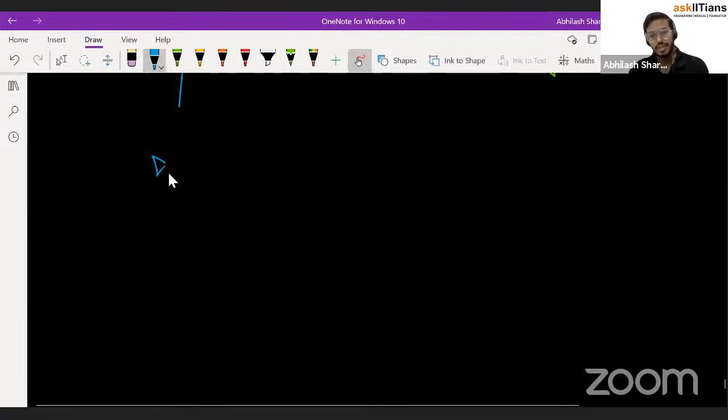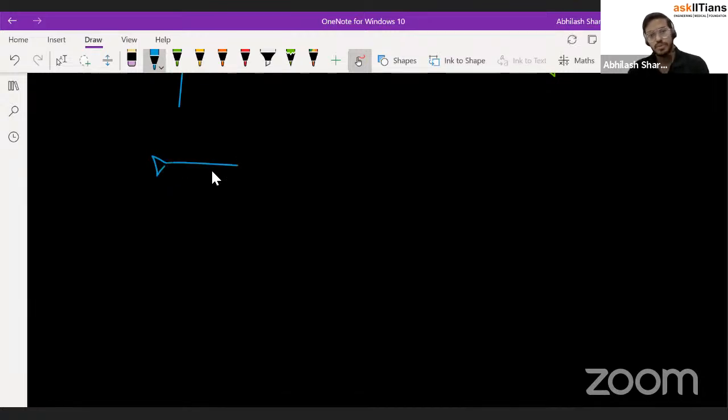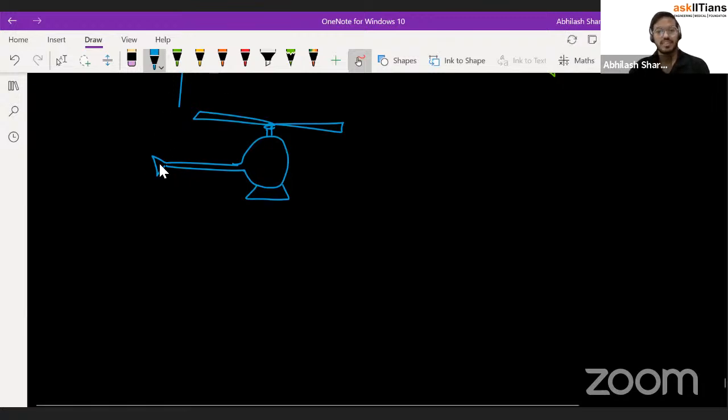So I'll try to draw a model for the chopper. Maybe this is how we can say the chopper looks like, a toy helicopter. So you can understand this is a chopper, and on the rear also there are blades, a fan.